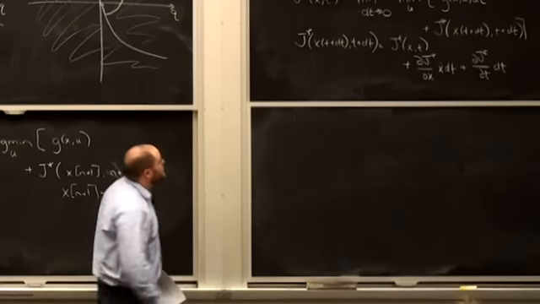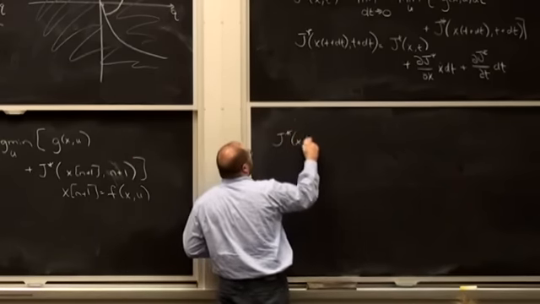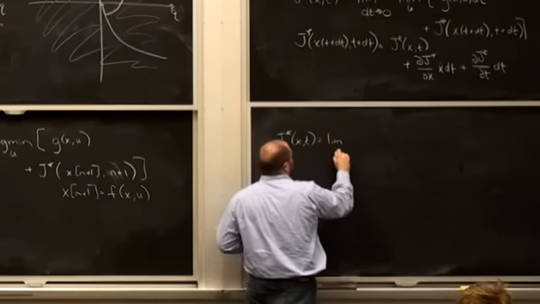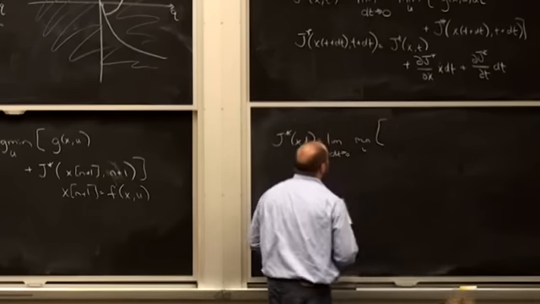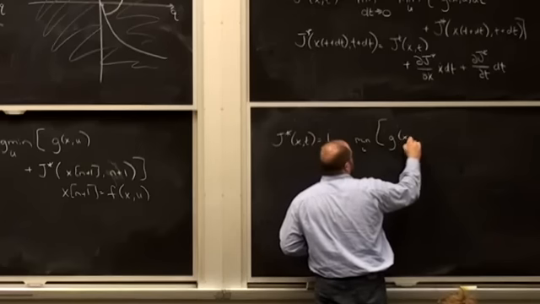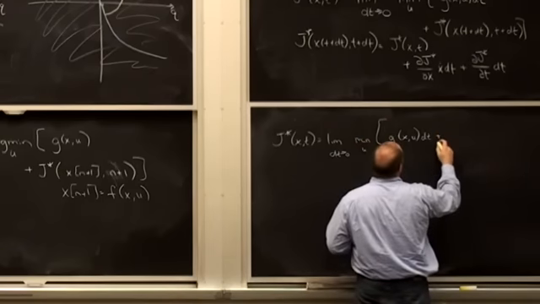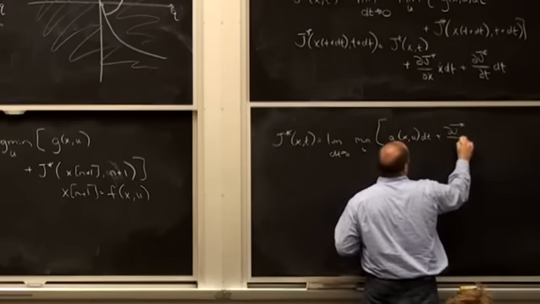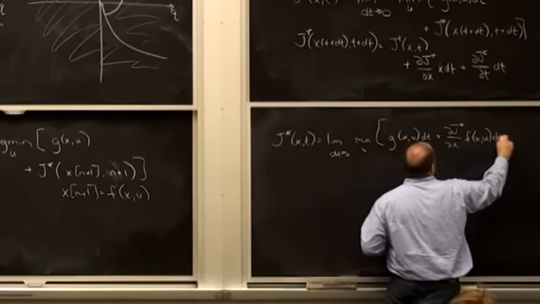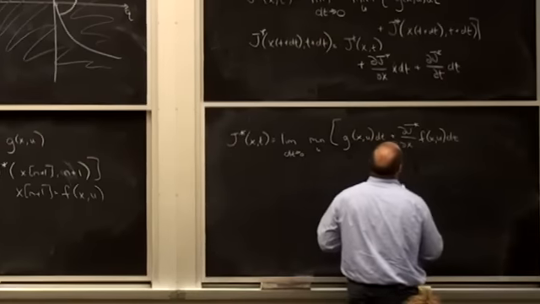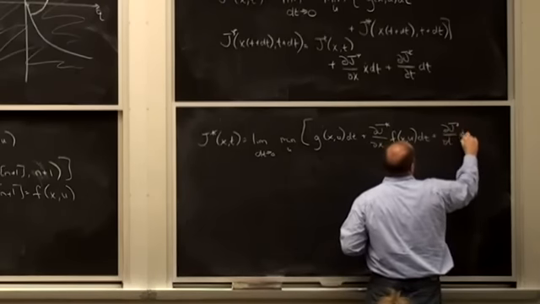Okay. If I insert that back in, then I have J star of x, t equals the limit as dt goes to 0, min over u of g of x, u dt plus partial J star partial x dot, which is just f of x, u, remember, dt, plus partial J partial t dt.